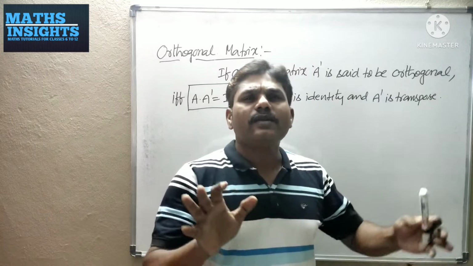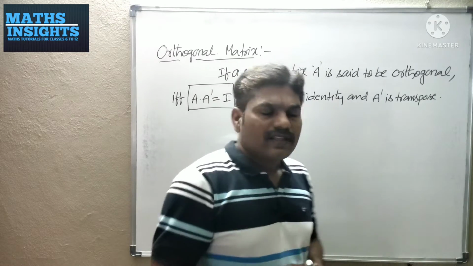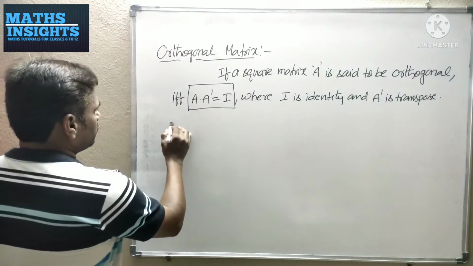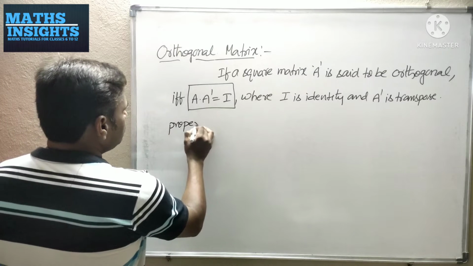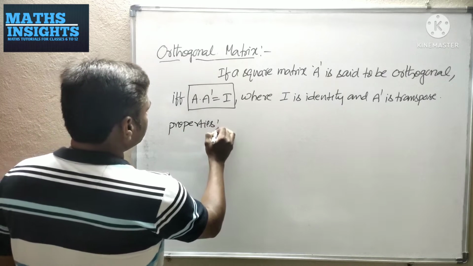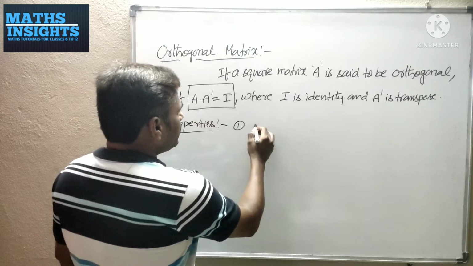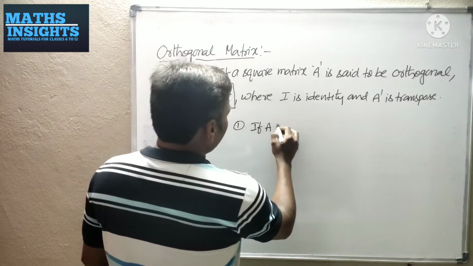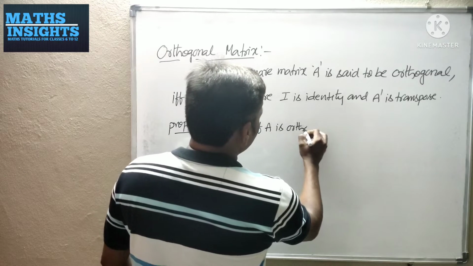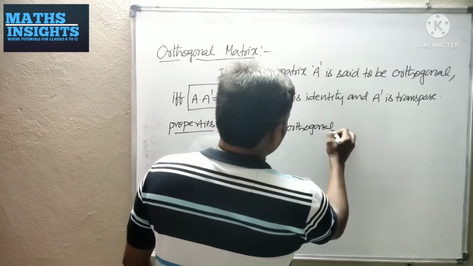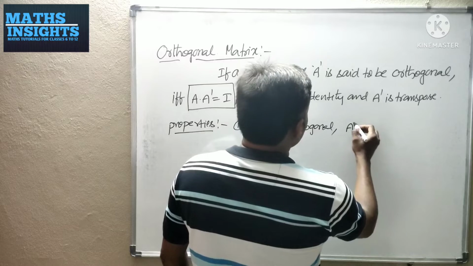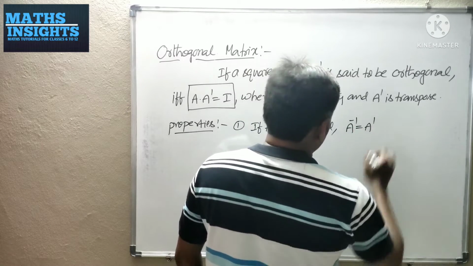There are very important properties for this. The first property says that if A is orthogonal, then A inverse is equal to A transpose.